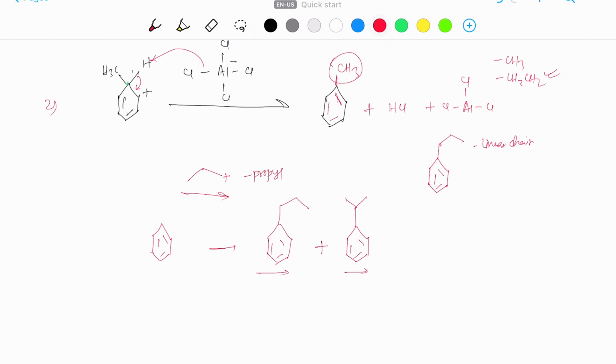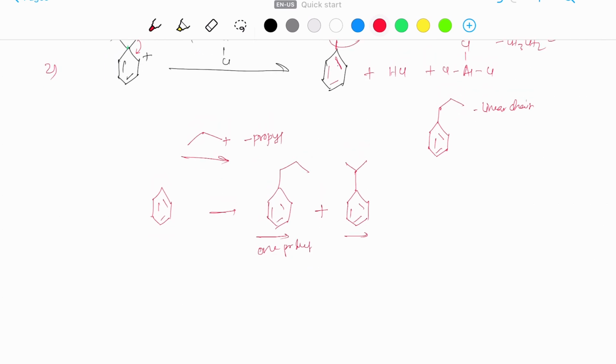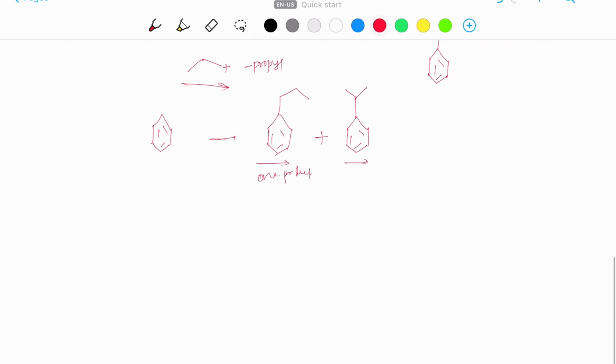But if you only want this one product, this linear one, what should you do? Well, we are coming to the next part of our video today, which is called Friedel-Crafts acylation. But before talking about that, just to show you why we are forming this particular product, it is because we have a hydride shift.